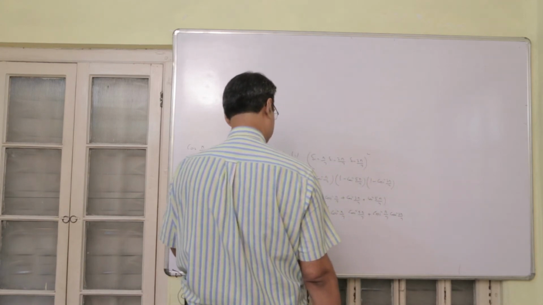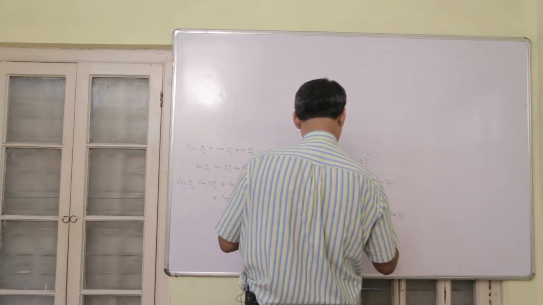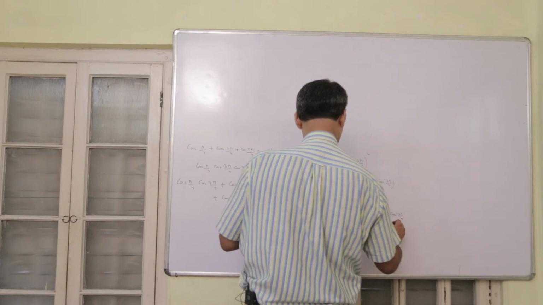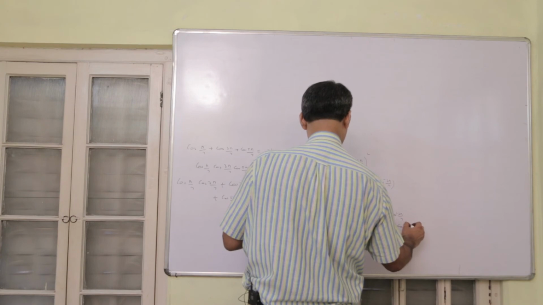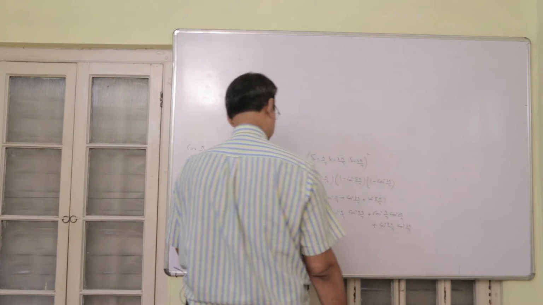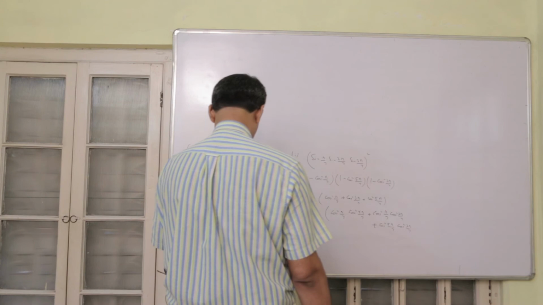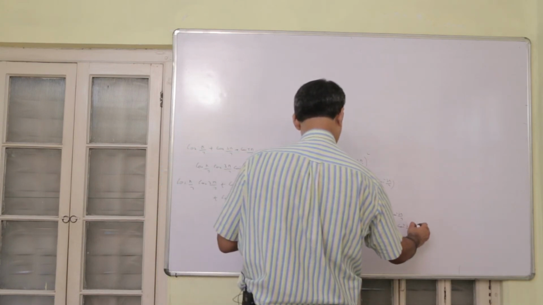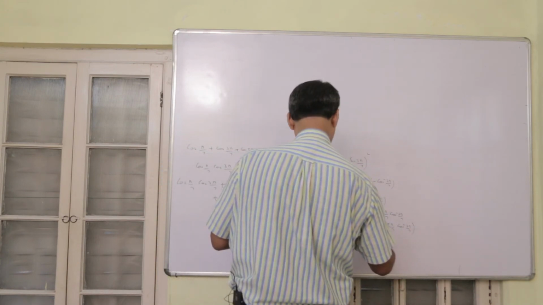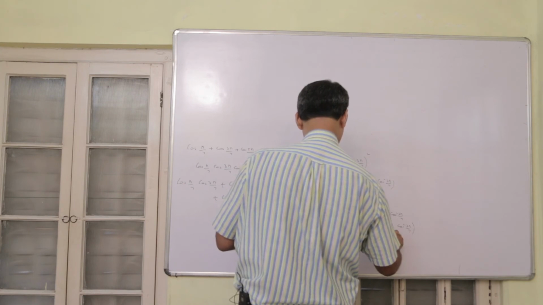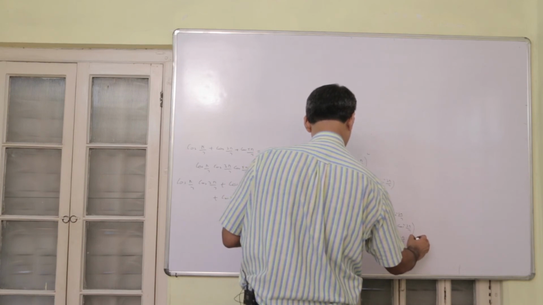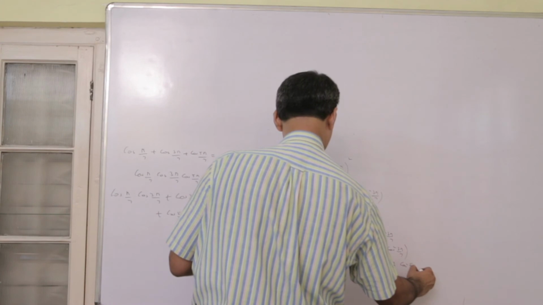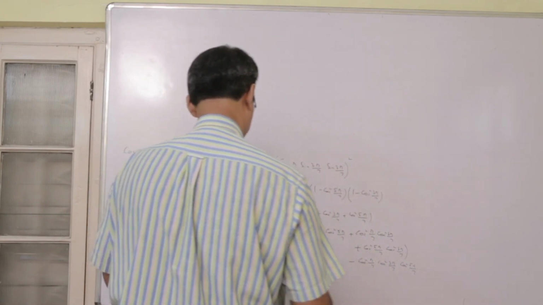plus cos square pi by 7 into cos square 3 pi by 7 plus cos square 5 pi by 7 plus cos square 3 pi by 7 minus cos square pi by 7 into cos square 3 pi by 7 into cos square 5 pi by 7.